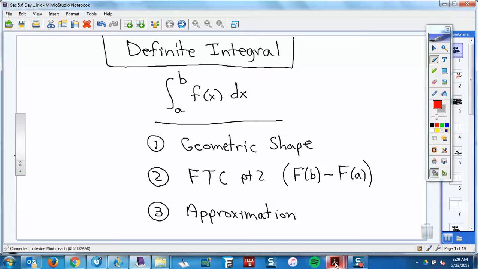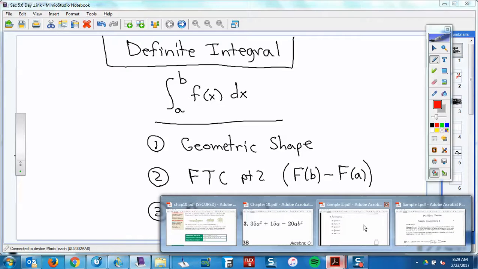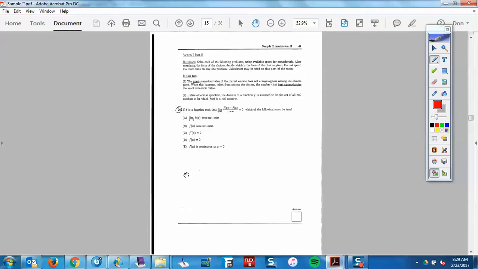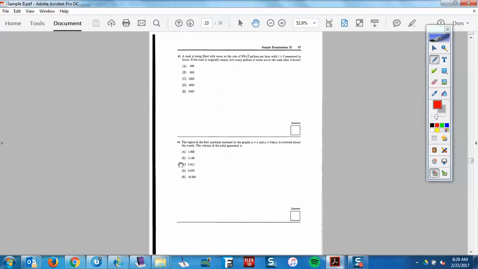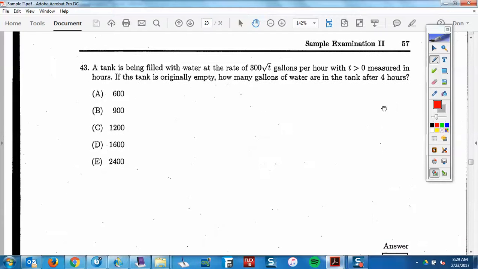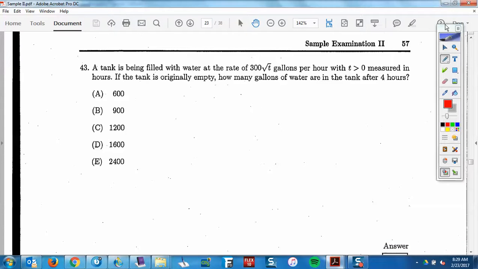Now, before I do that, and I probably should have done this first, we're going to go back to sample 2, number 43. Nobody asked about it. I thought somebody might. Did you do this one already?